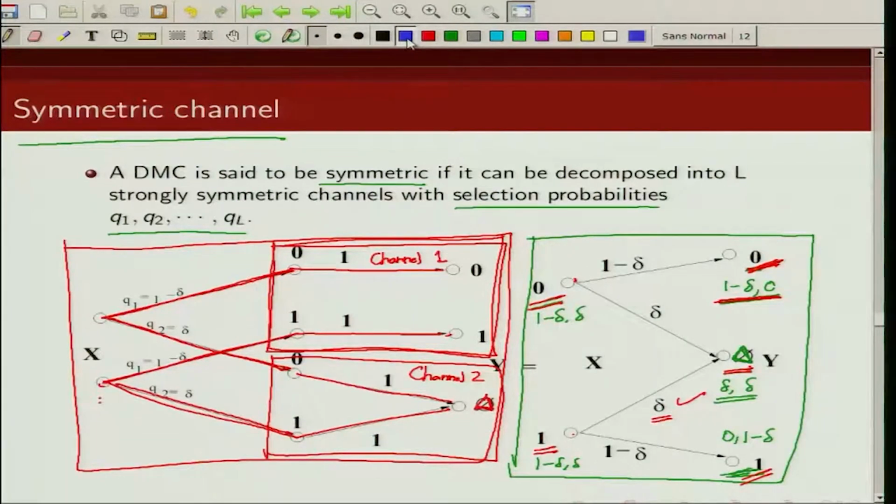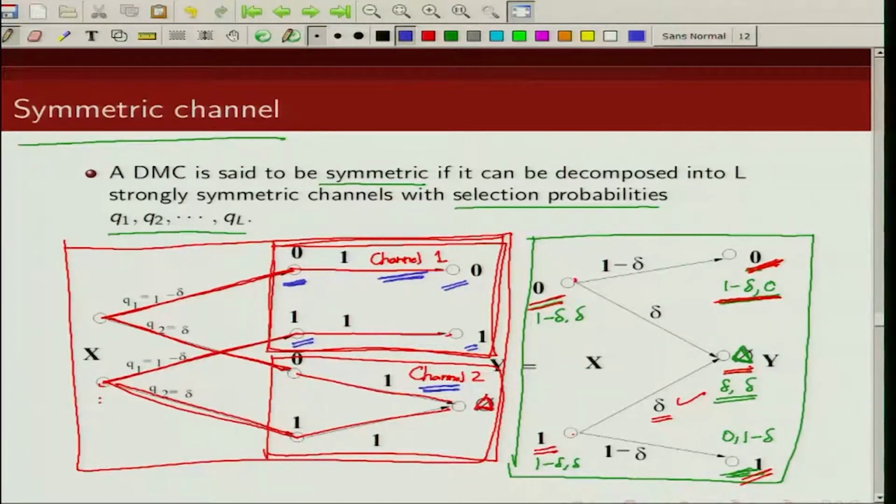Another point to be noted: channel 1 and channel 2 are strongly symmetric channels. You can verify this. Channel 1 is uniformly dispersive because the probabilities in descending order are 1 and 0, whether I consider this input or this input. It is also uniformly focusing: if I consider the output 0 or 1, again the probabilities arranged in decreasing order will be 1 and 0. So channel 1 is strongly symmetric.